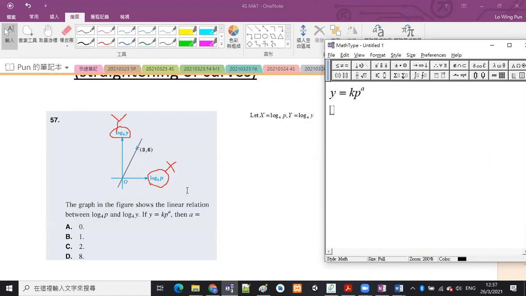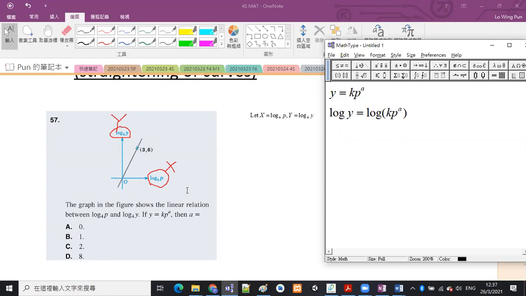Log left-hand side is equal to log right-hand side. So log y is equal to log the whole right-hand side. But when we introduce a log to an equation, we need to specify what base we want in this equation.